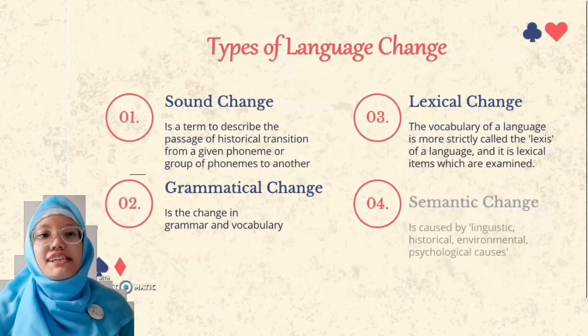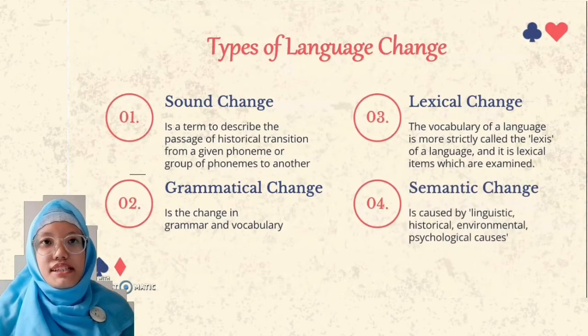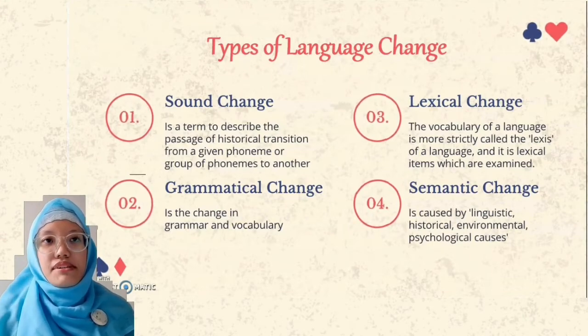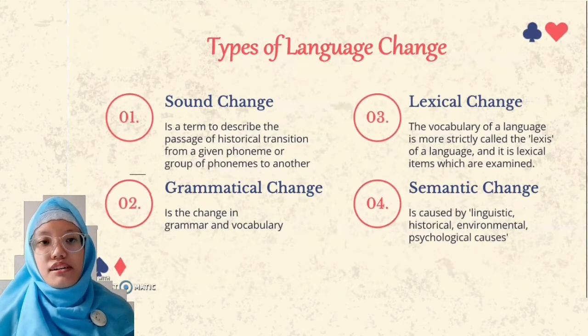The fourth is semantic change. Diachronic semantics studies semantic change, whereas synchronic semantics accounts for semantic relationships, simple or multiple. Semantic change is caused by linguistic, historical, environmental, and psychological causes. It is caused by foreign influence and the need for a new name.